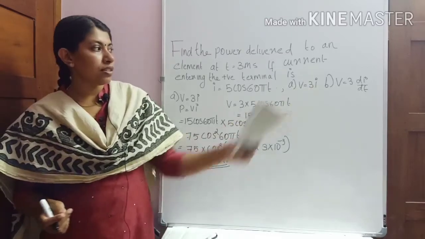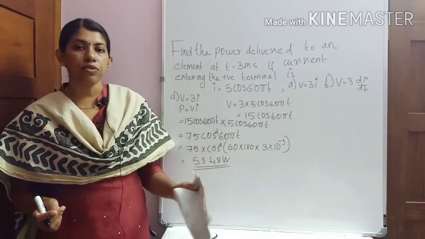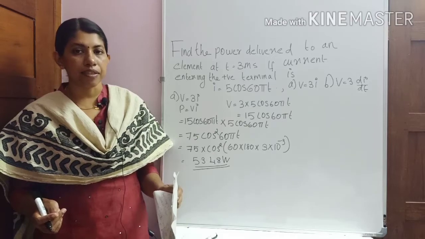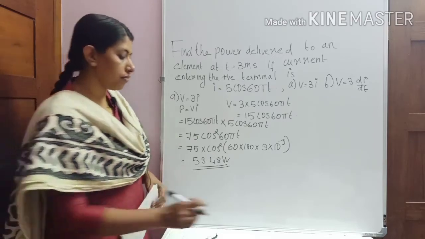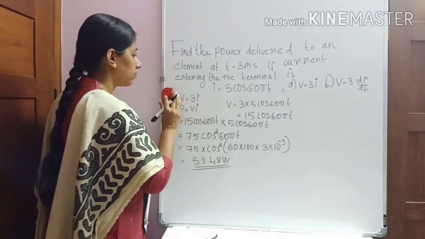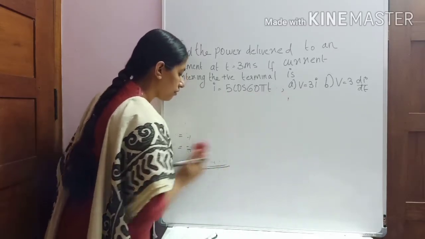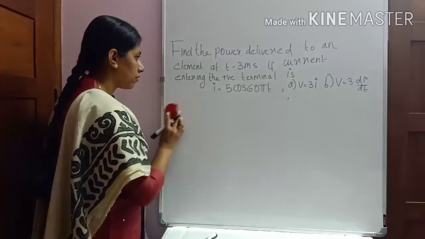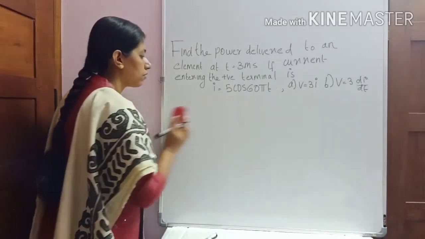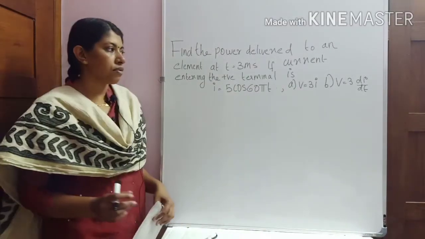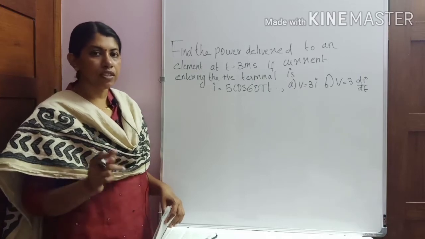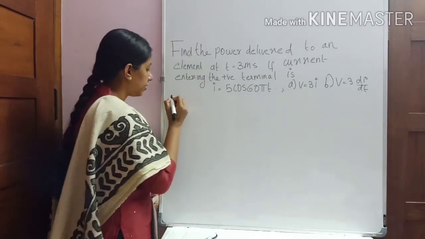Now we will do the second one, when V is equal to 3 into di by dt.